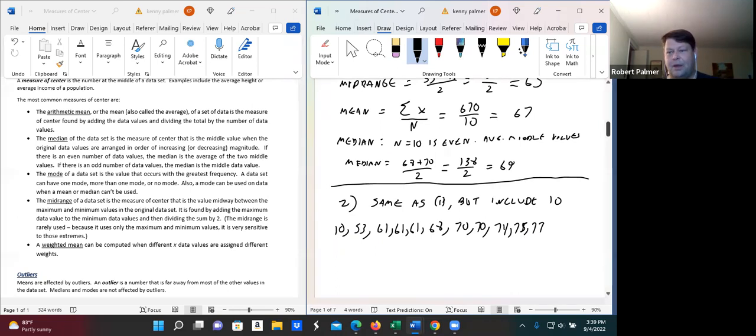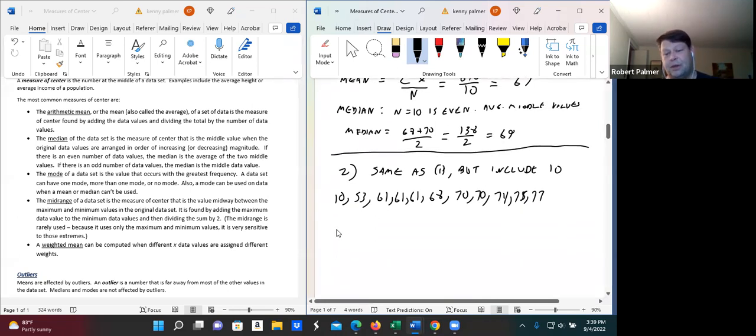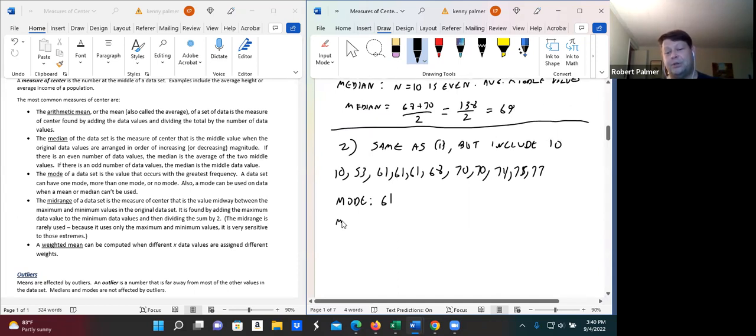Now let's see what changes, if anything. As you can see, our mode in this particular case doesn't change. The mode is still 61, because in this particular case, that hasn't affected the most frequently occurring number. The mid-range will now change.